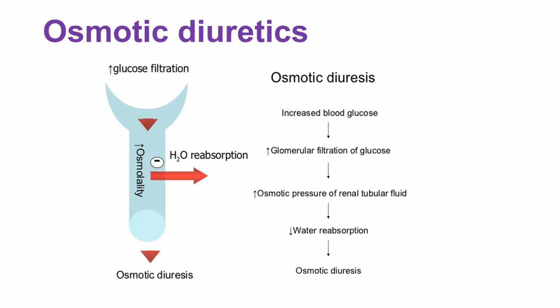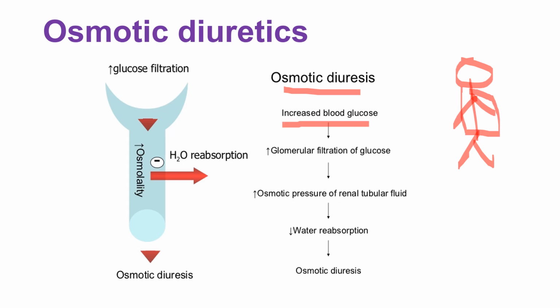So whenever we will be prescribing osmotic diuretics, usually the individual will be having increased blood glucose because there is more accumulation of water or fluid in the body itself. See, this individual having two legs, two hands, he is having edema all over the body, and because of accumulation of fluid in his body, there is increased blood glucose in his body.